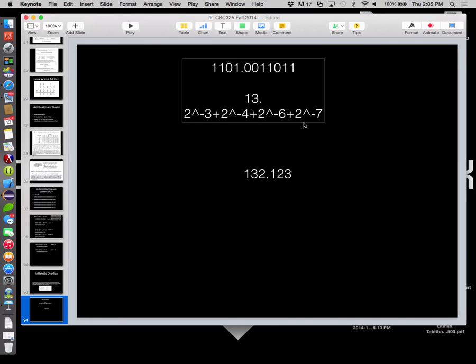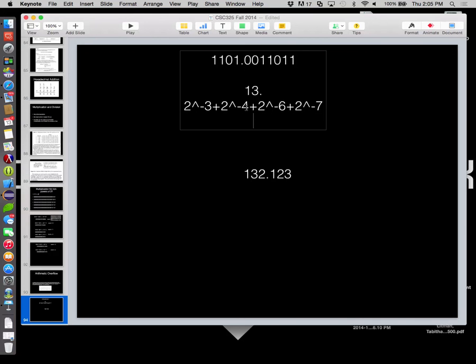All right, so we have to do that math. So 2 to the negative 3 is 1 over 2 to the third. So 2 to the third is 2 times 2 is 4 times 2 is 8. So 1/8. Okay, so this is 1/8 plus 2 to the negative 4 is 1/16 plus 2 to the negative 6 is 1/64 plus 1/128.